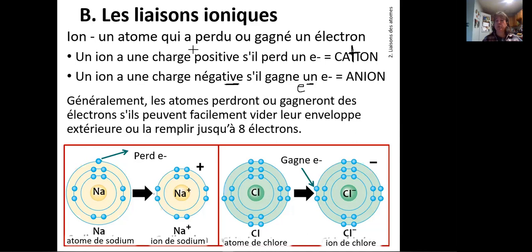Generally, atoms will lose or gain electrons if they can easily empty their outer shell or fill it to 8 electrons. So this is the outer shell out here. Let's count the electrons in these shells of sodium and chlorine, and I will explain how the shells are what we call filled. How do the shells get filled with electrons?